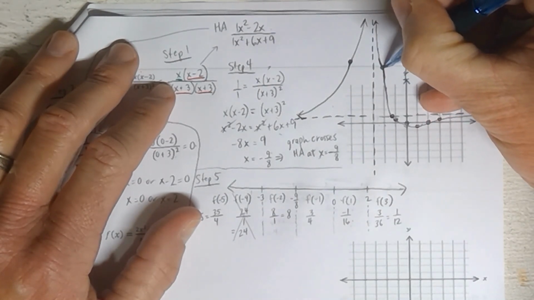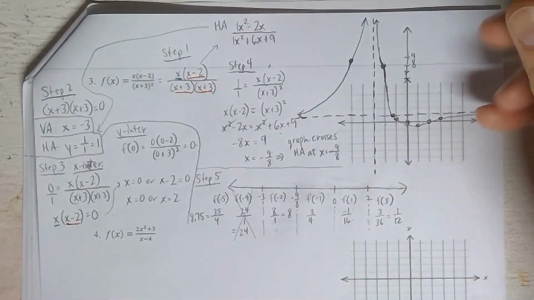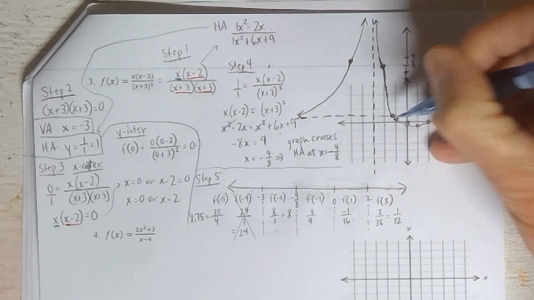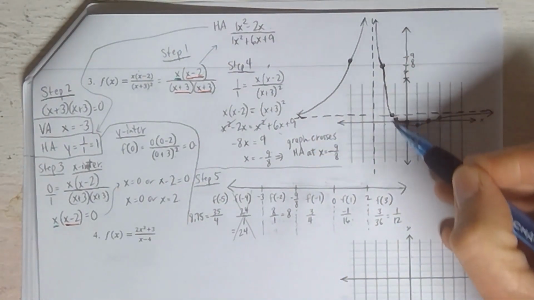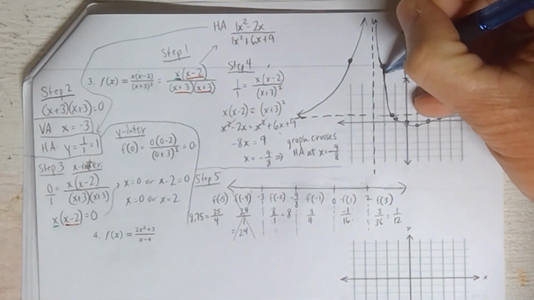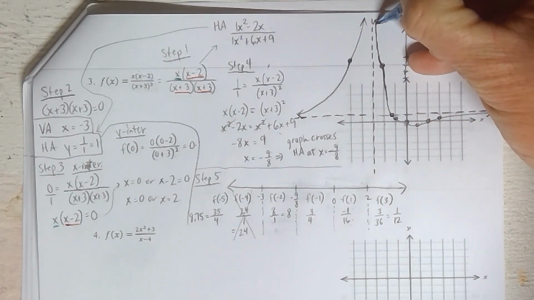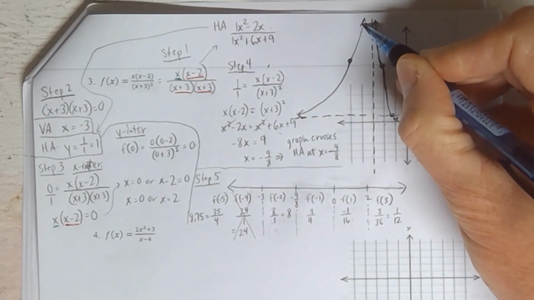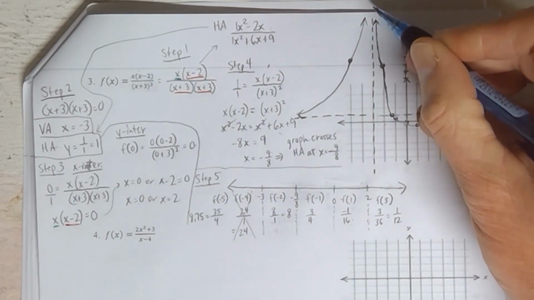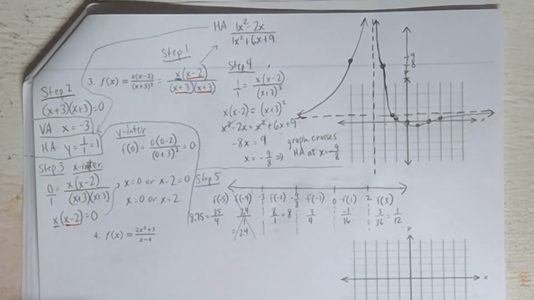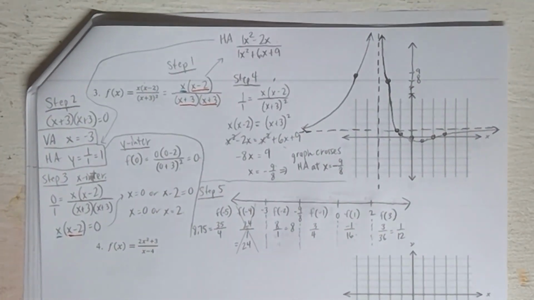Like that. Nice, smooth, continuous path all the way through the graph, from the left of the graph until the right of the graph. The only place it's not continuous is at the vertical asymptote. That's where it jumps. It has to jump from this side over to this side of the vertical asymptote there. And it does. So that concludes problem number 3 right there.